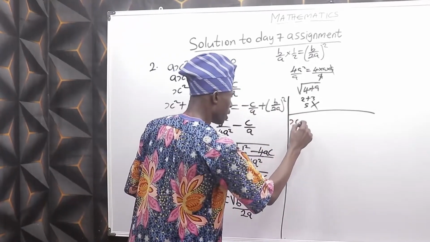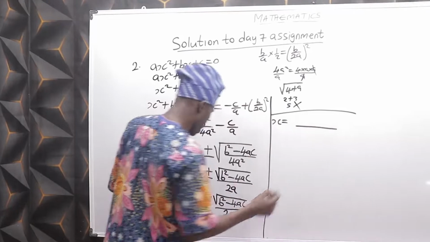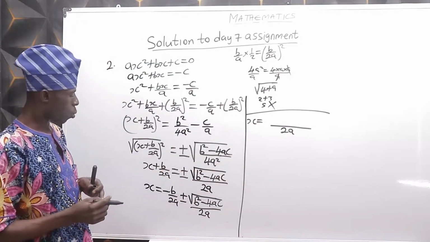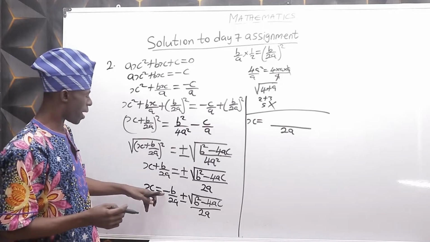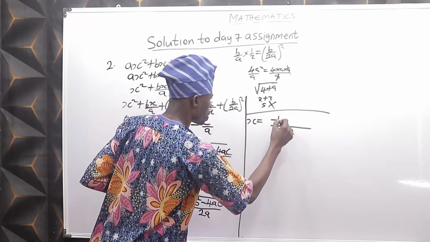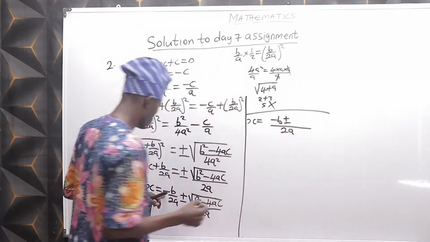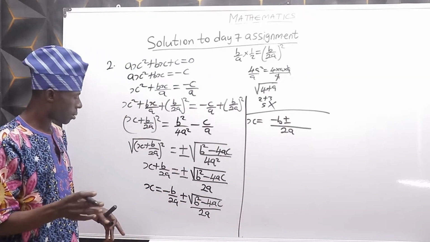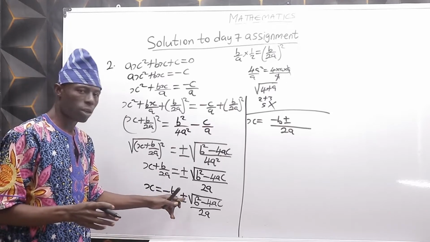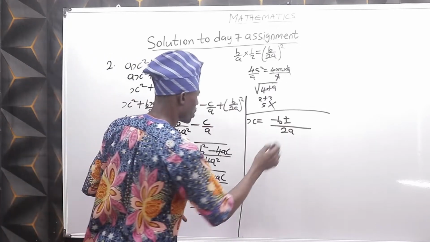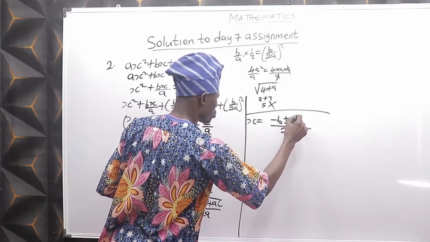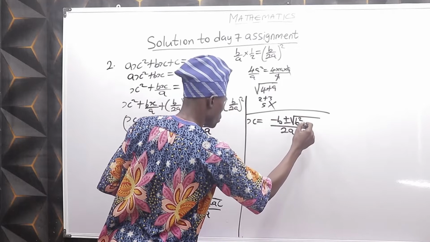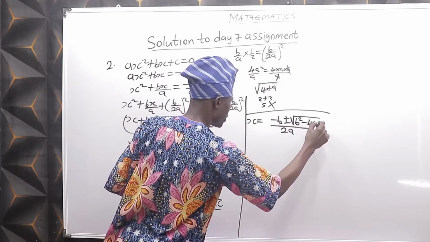Finding the LCM. LCM here is 2a. 2a in 2a is 1. 1 times minus b, we write minus b. Plus or minus. 2a also in 2a is 1. 1 times the jargon of the square root, it will be the jargon of the square root, which is square root of b square minus 4ac.